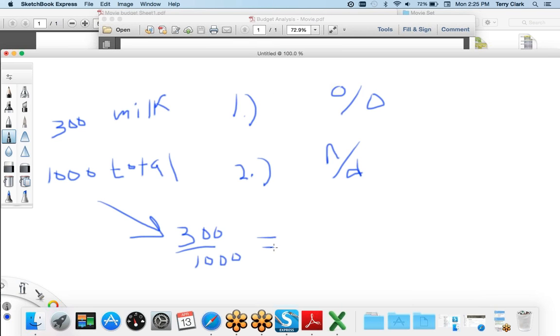Then from here, we would simplify it down to its lowest terms. 300 can be divided by 100, and 1,000 can be divided by 100. Then we'll come up with 3 over 10 as we simplify it down.